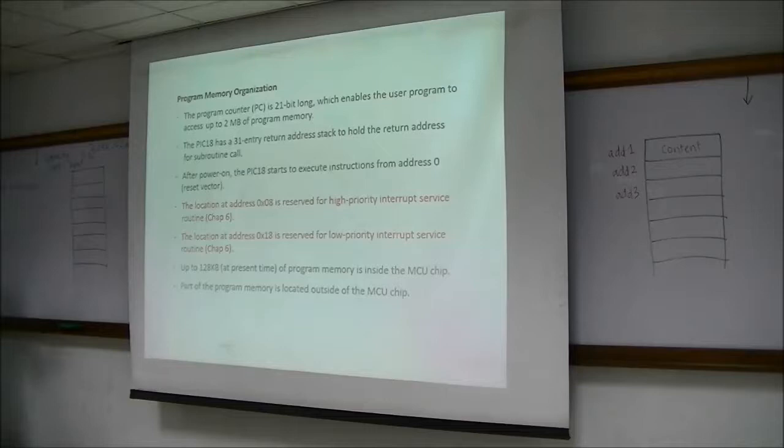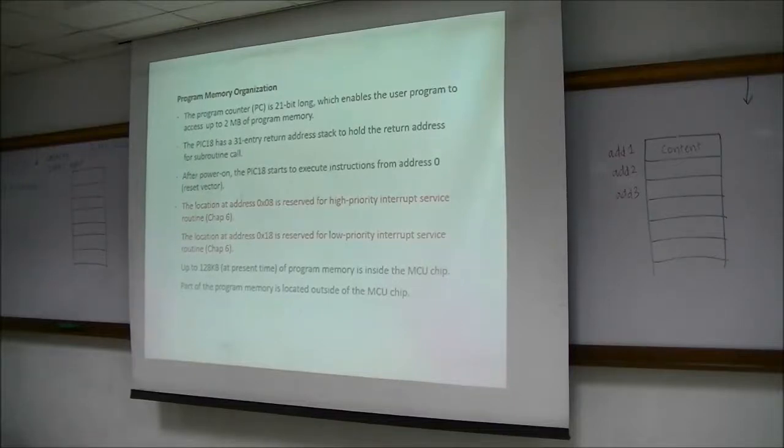In a while you will have the sense of it. Now, how much data can we actually store in one location? As I mentioned earlier, this PIC18 is how many bit microcontroller? Yes, it's an 8-bit microcontroller. So what does that mean? It can only process 8 bits of data length at one time.